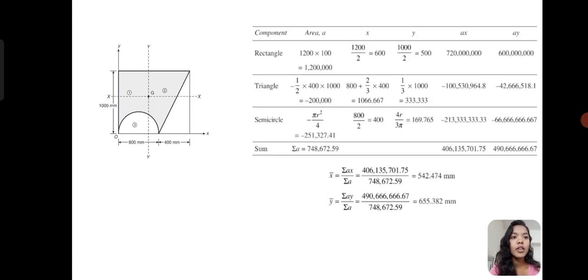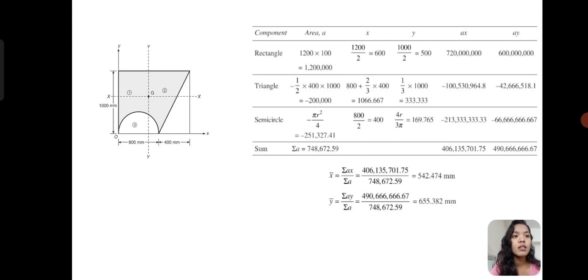The component of the right angle triangle: the area is half into breadth into depth, where the breadth is 1200 into 1000. The total is here. And the triangle area is half into base into height. The semicircle area is pi r square by 4, and it is considered as minus because the shaded region is not considered, so we should put the minus symbol.